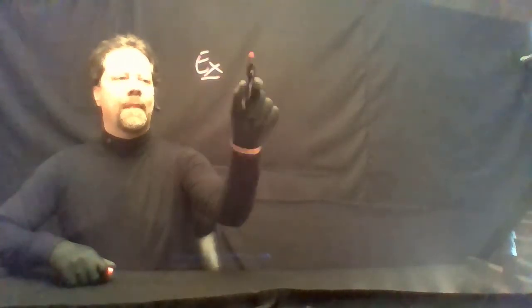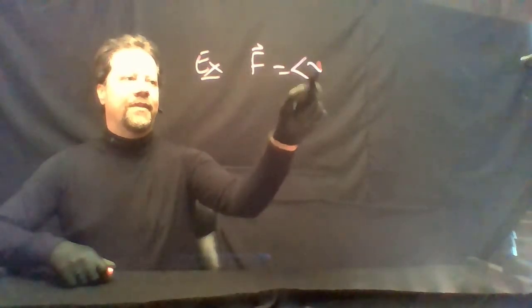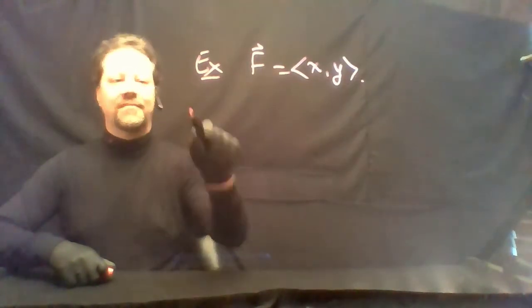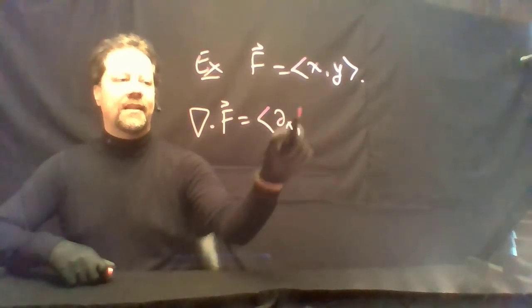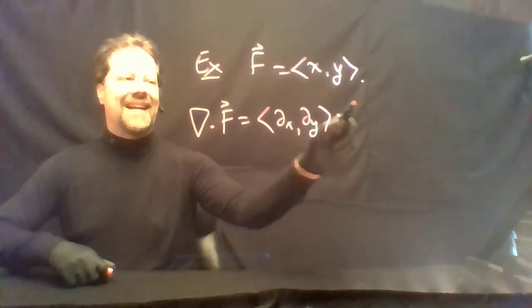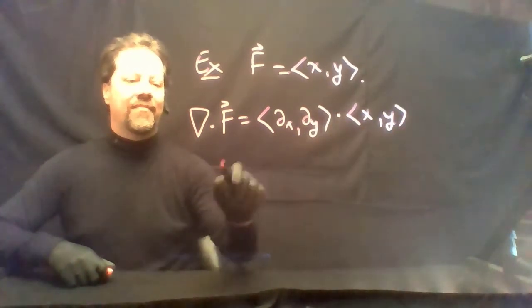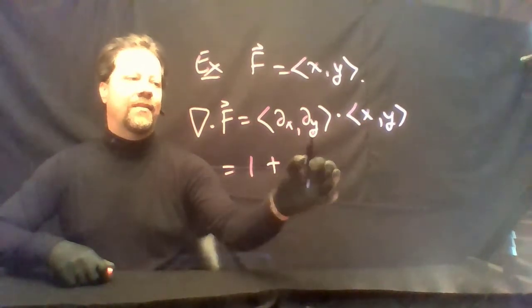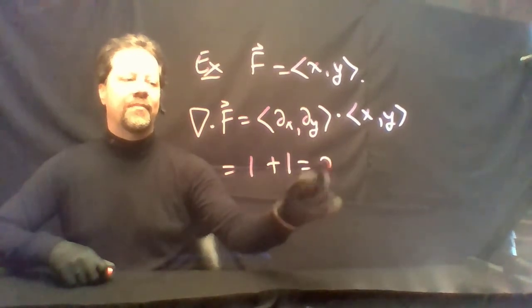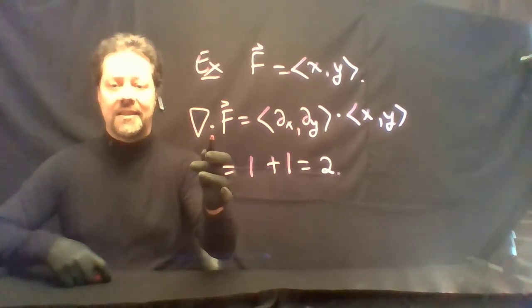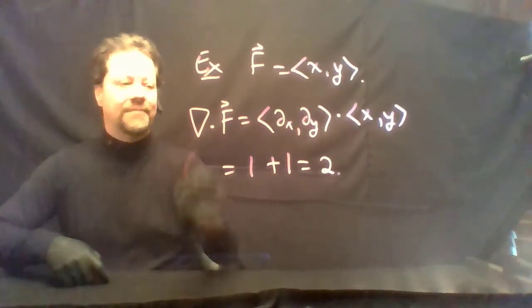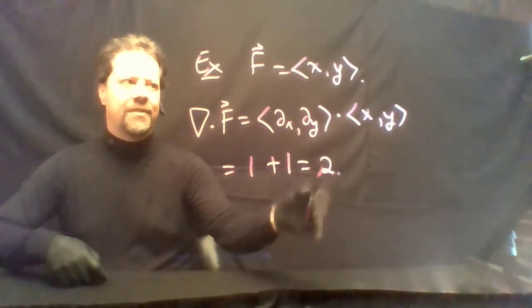Let's calculate the divergence of our two prototypes. First, the vector field x, y. The divergence of this vector field is d/dx, d/dy dotted with x, y. That gives you the derivative of x with respect to x plus the derivative of y with respect to y. Notice that the outcome is a scalar, as you might anticipate, since the divergence involves a dot product. We get a positive divergence for this vector field.